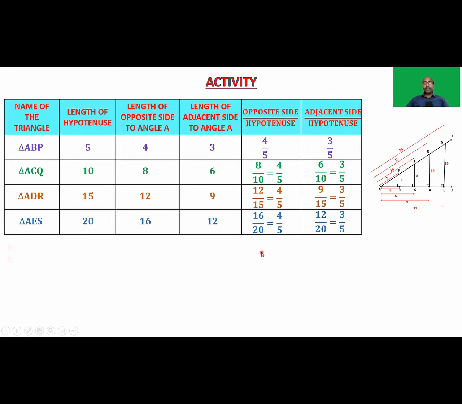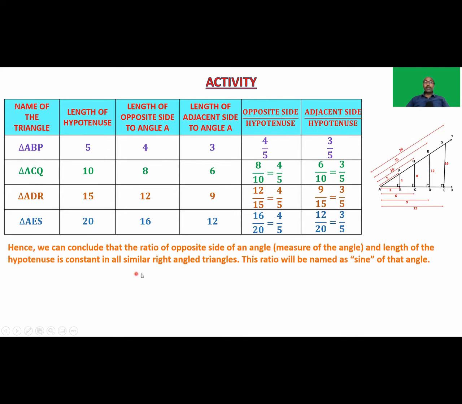So we can conclude that the ratio of the opposite side of an angle and the length of the hypotenuse is constant in all similar right angle triangles. This ratio will be named as sine of that angle.